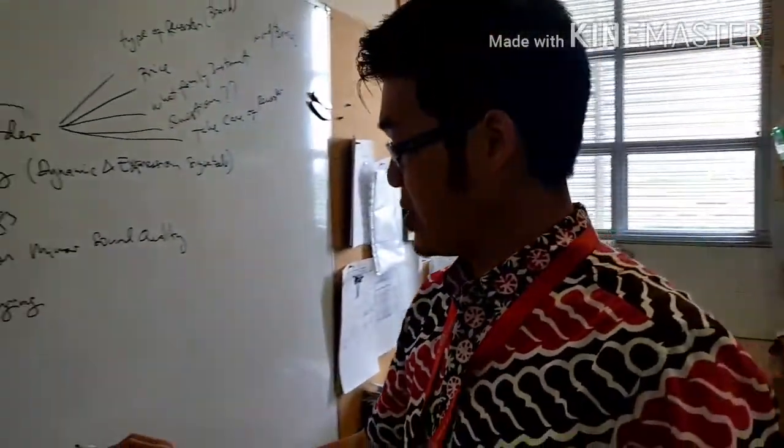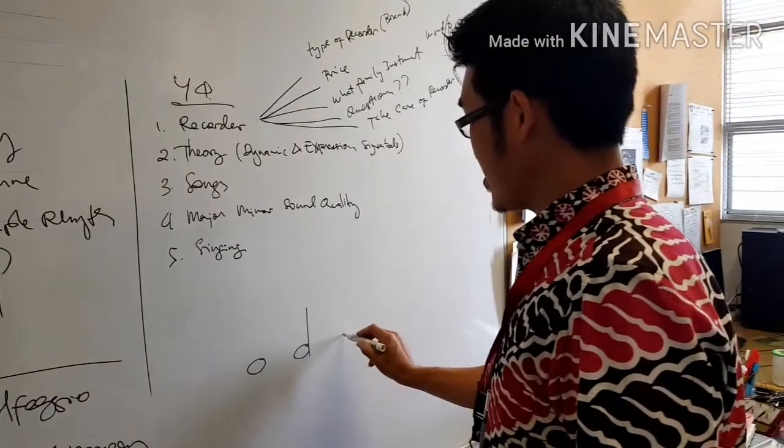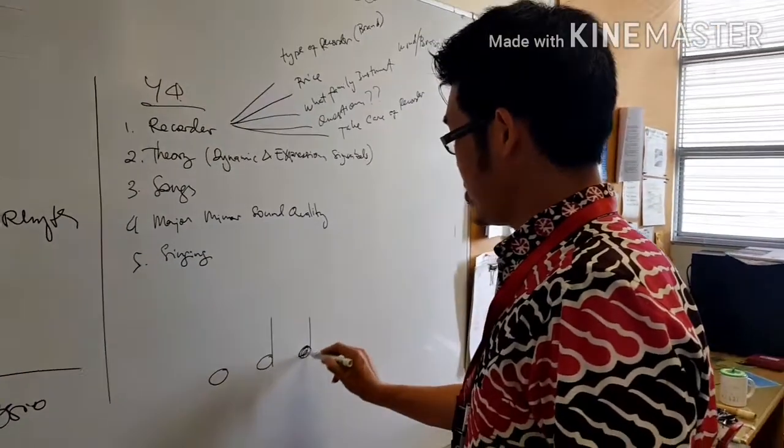For the other topic, we are going to do composing simple rhythm. When you compose simple rhythm, of course you have to know about note values, the value of each note.